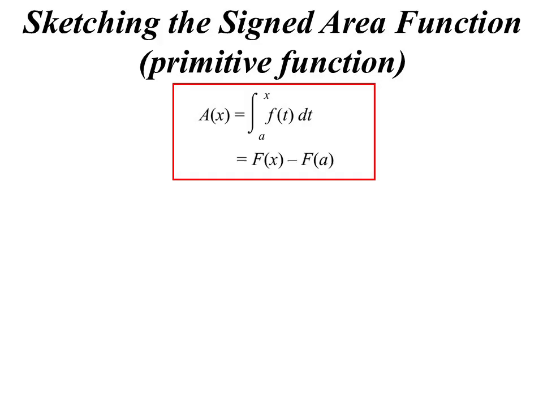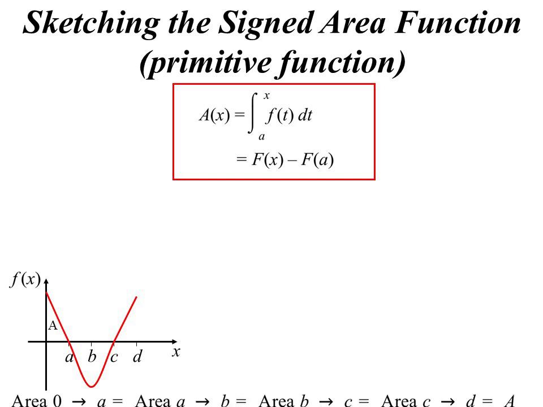Most times we do 0, but it doesn't have to be. And we know that will be substitute into the primitive function for x minus substitute in the primitive function for a. Now using that idea, if this is my function, I'm now going to draw its primitive function. I'm going to call this area from 0 to a just capital A. Now I'm assuming here, to make this question a lot easier, that these are all nicely this a as well.